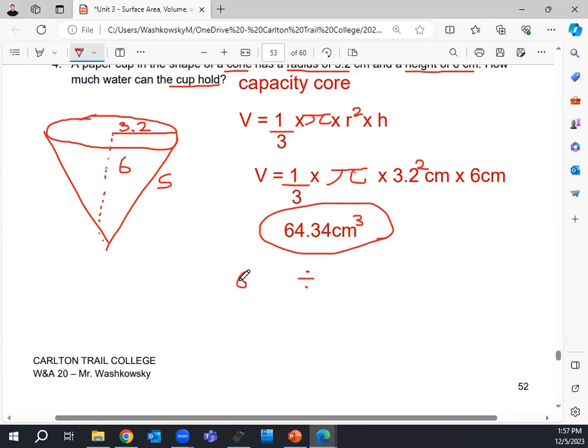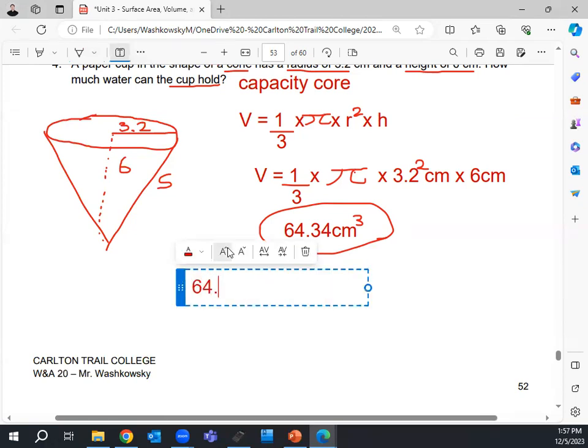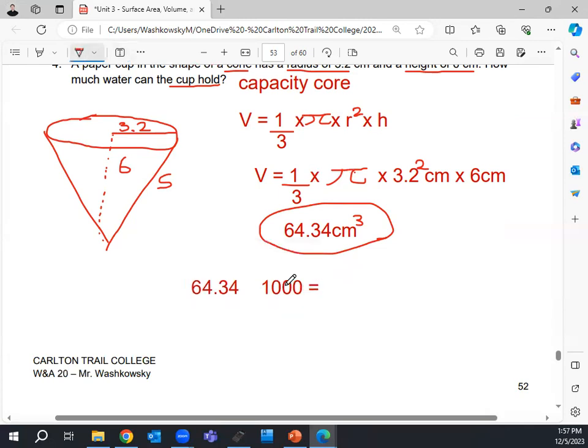So I'm going to take 64.34 and I'm going to divide it by 1,000.